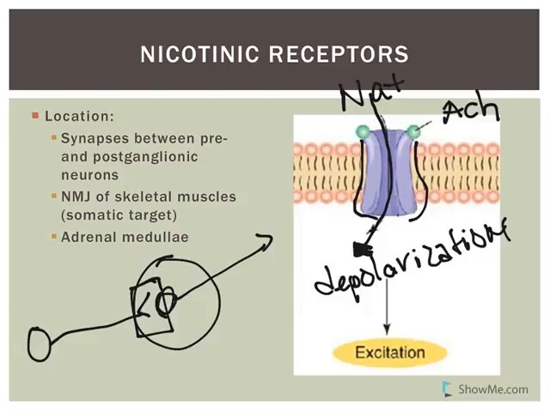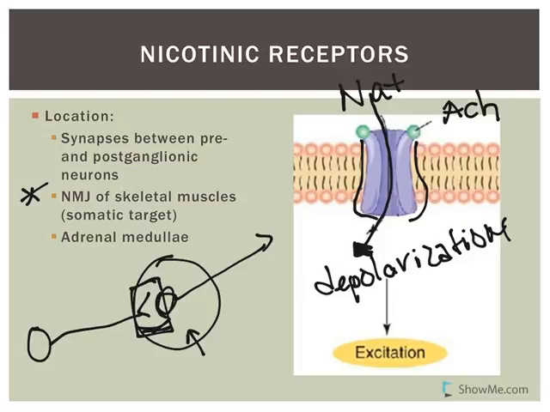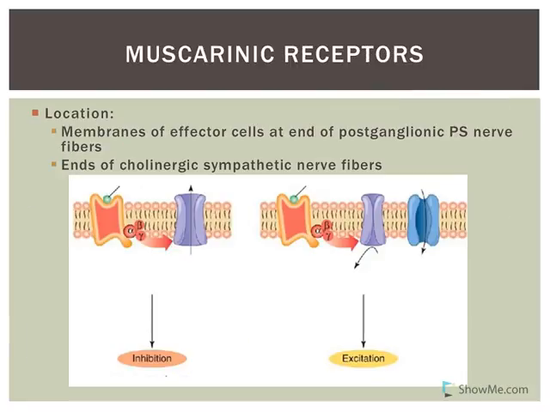When we talk about skeletal muscles at the neuromuscular junction, that also has nicotinic receptors. And also if this here was the adrenal medulla, that also would involve a nicotinic receptor. Now the muscarinic receptors, actually, and also I failed to mention, no, I didn't fail to mention, that's right, just ignore my mistake there.